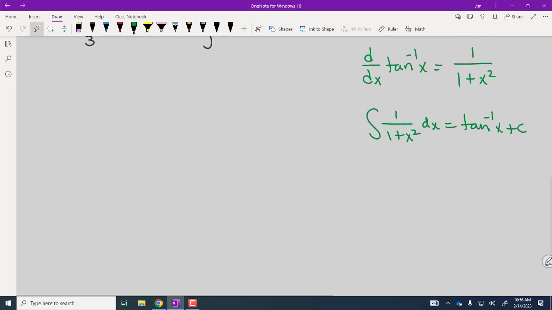And let me ask you a slightly modified question. What about if we had 1 over 1 plus 4x quantity squared? What technique of integration comes to mind?